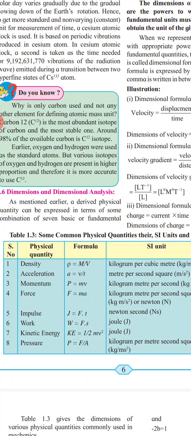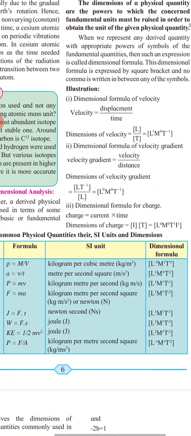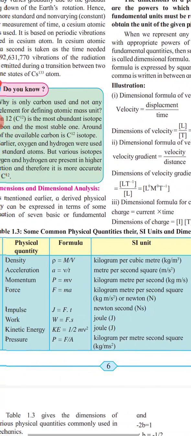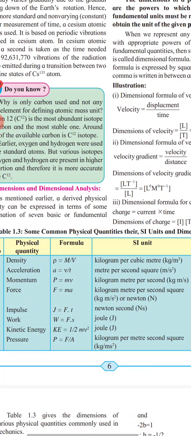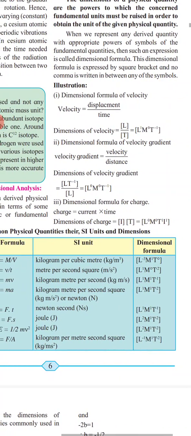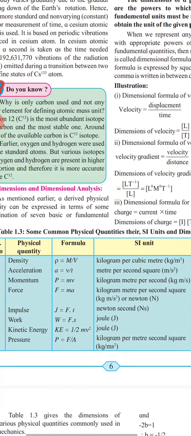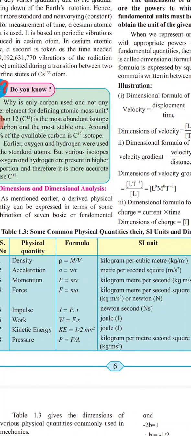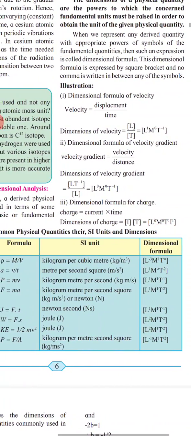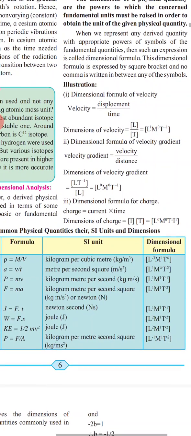Then work: unit is joule, L^2 M^1 T^-2. Kinetic energy: again joule, so L^2 M^1 T^-2. Pressure: force upon area, so it will be L^-1 M^1 T^-2.